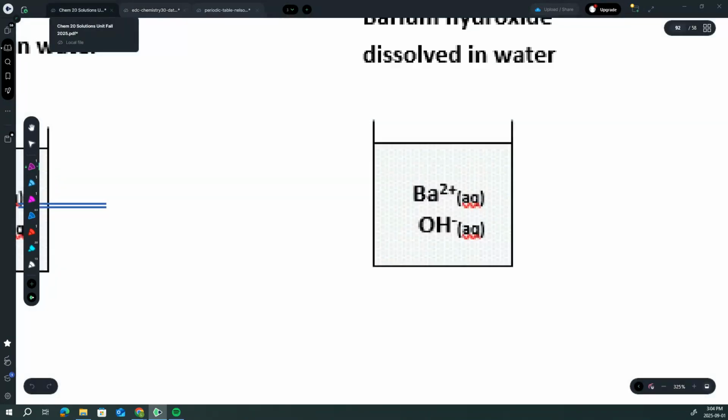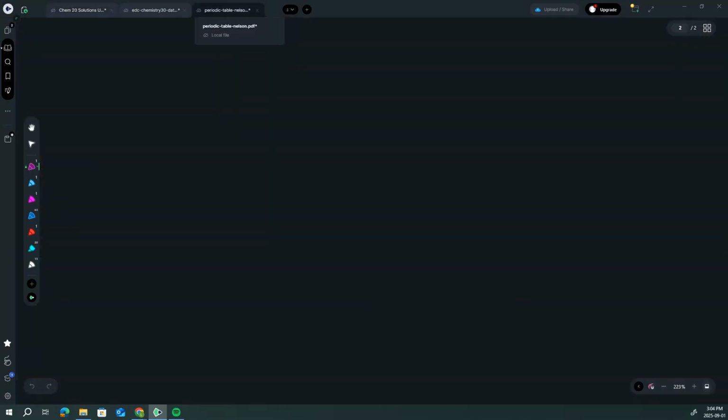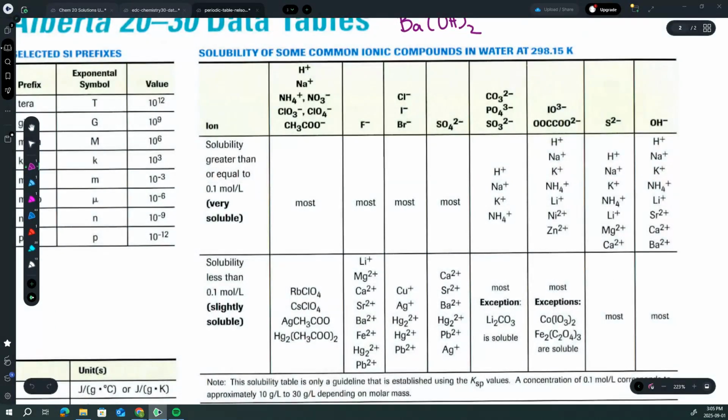Okay, so that's where some of the differences are, because if we did the exact same thing with the Nelson solubility table, for hydroxide, you see barium listed right there as something that's going to be very soluble.